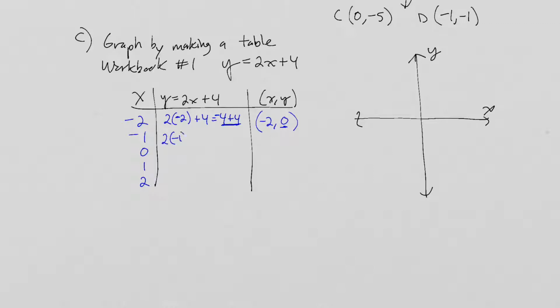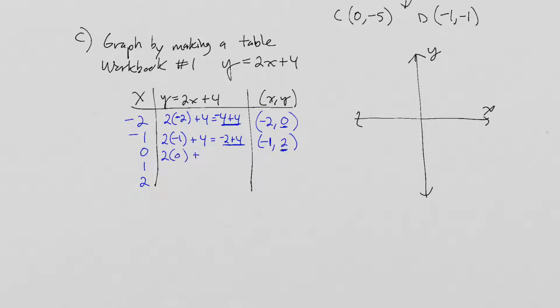2 times negative 1 plus 4 is going to be negative 2 plus 4, so our x is negative 1, and this right here is going to be positive 2.